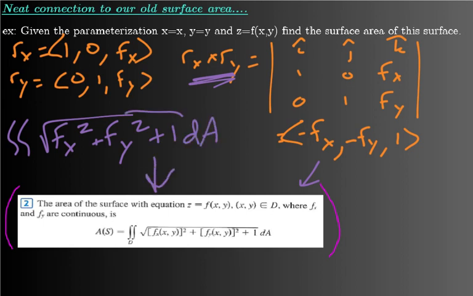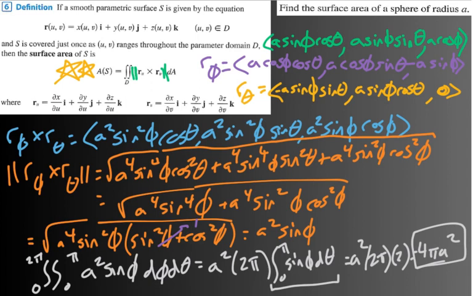So that is actually just a nice way to see what we just did and how it connects to what we built up before. So this was sort of just a consequence of this special parameterization for a surface. So anytime you have one of these, you can still just use this if you want, but you could also still do the magnitude of the cross product thing. So this is a handy formula to know for surface area of parametric surfaces.